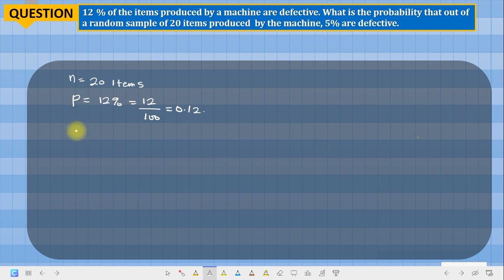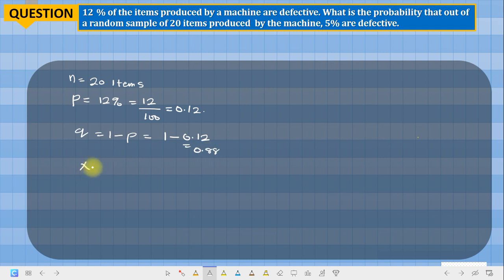Now the next thing we need to find is our Q. We said Q is equal to 1 minus P. So Q will be 1 minus 0.12, and this will give us 0.88.